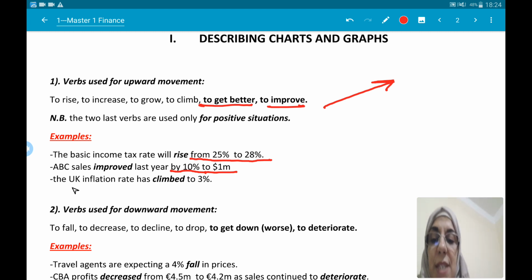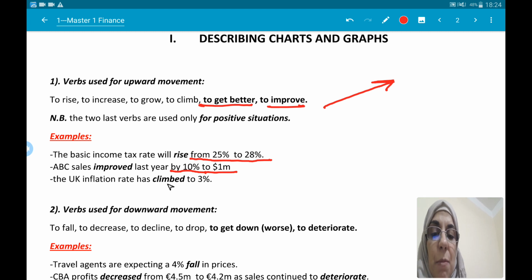Now, the third example, the UK inflation rate has climbed. And notice the pronunciation is climbed. We do not pronounce the b, since the b sound here is silent. So has climbed to 3%. Why have we used the ed?